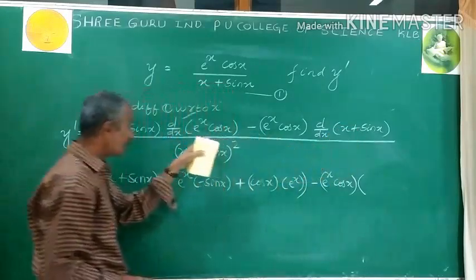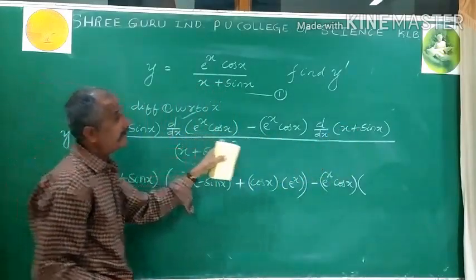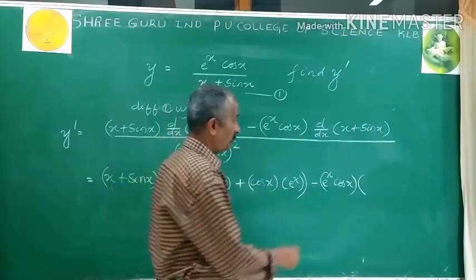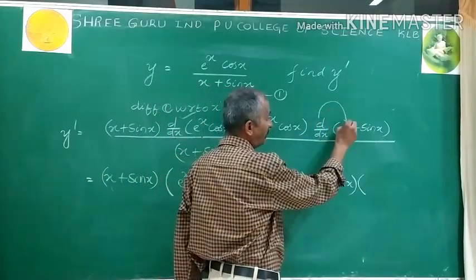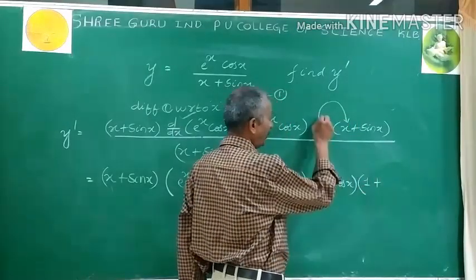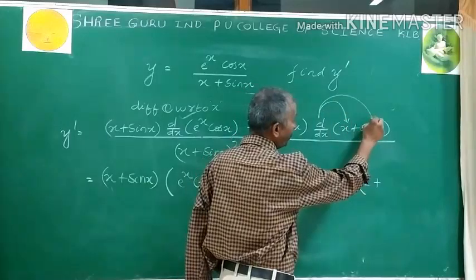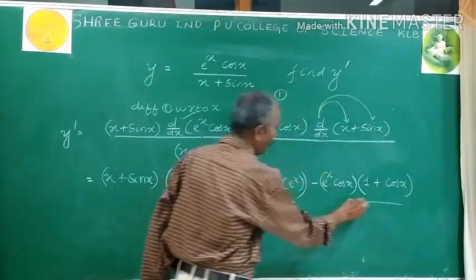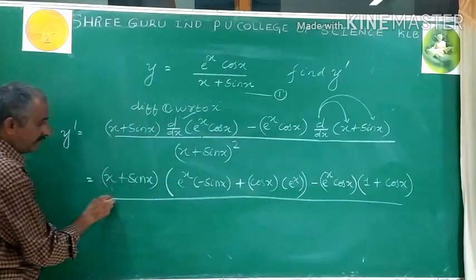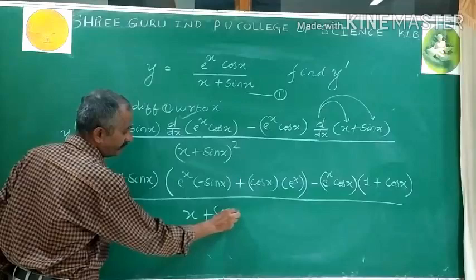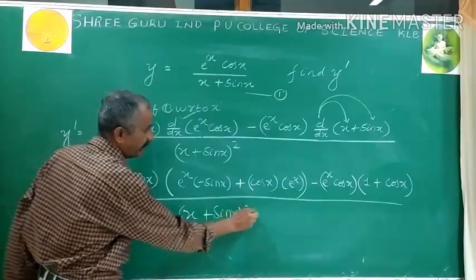Here the product rule was necessary. Here the sum rule is necessary. Let's apply the sum rule. By the sum rule, first comes the differentiation of x, that is 1, followed by the differentiation of sin x, that is equal to cos x, all divided by x plus sin x whole square. That's the final answer.